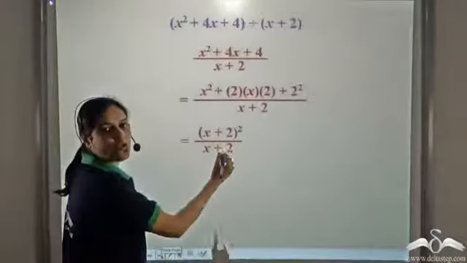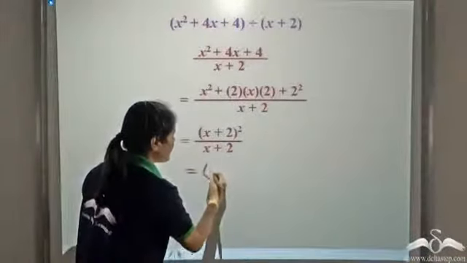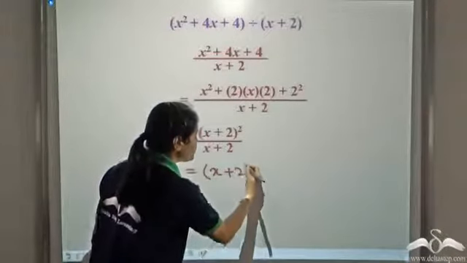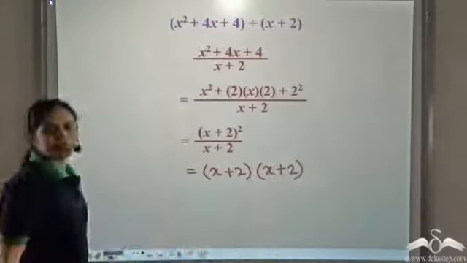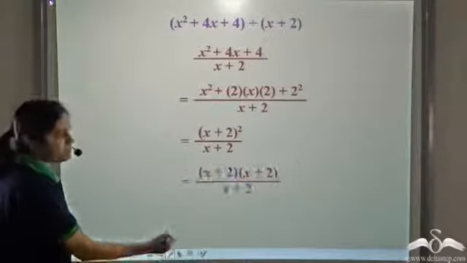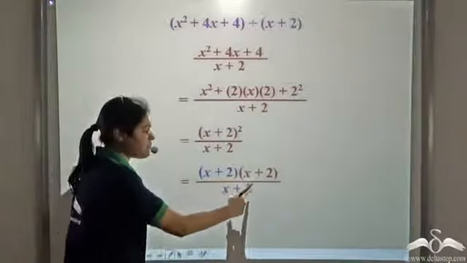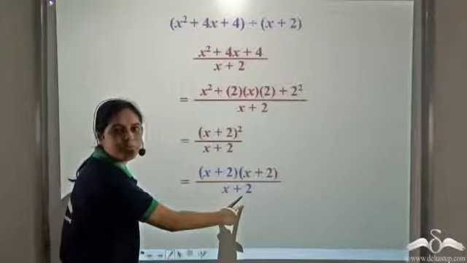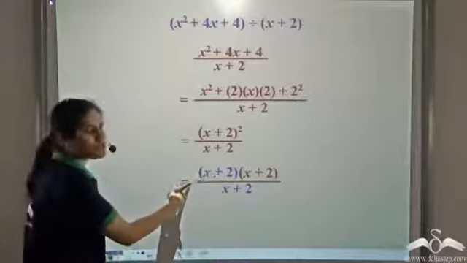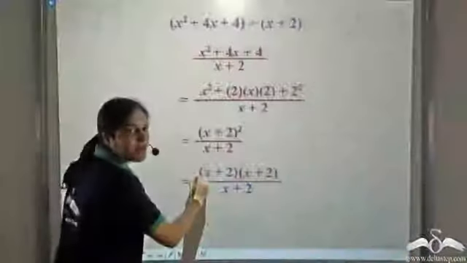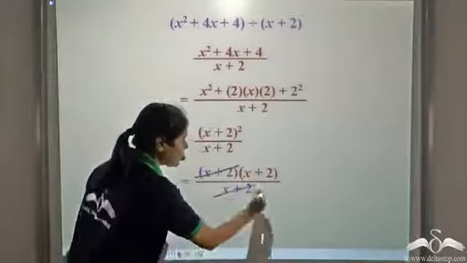Now x plus 2 whole square is x plus 2 into x plus 2. So we can write it like this, x plus 2 into x plus 2 divided by x plus 2. Now, this factor, that is x plus 2, is common among the numerator and the denominator.